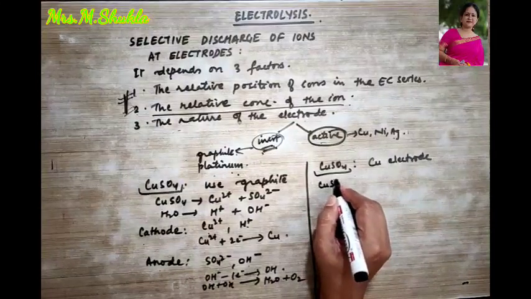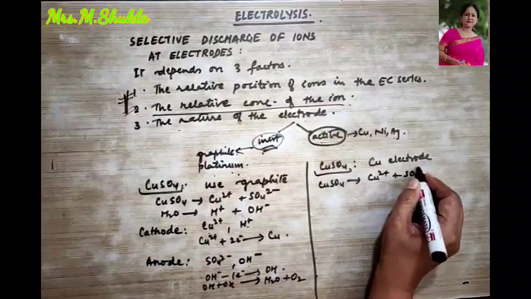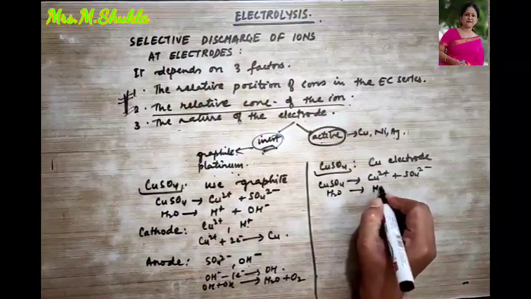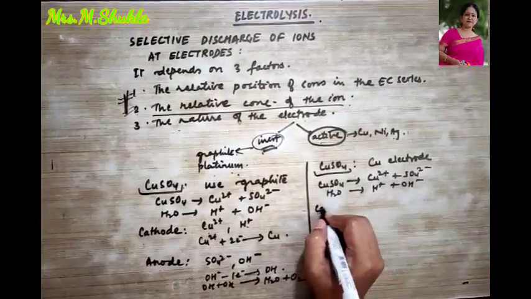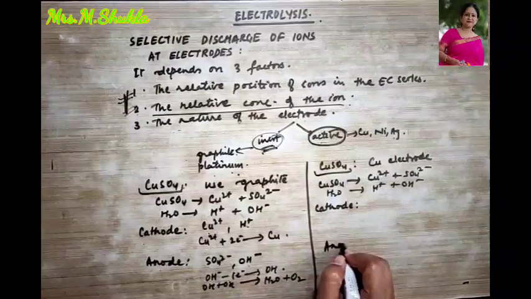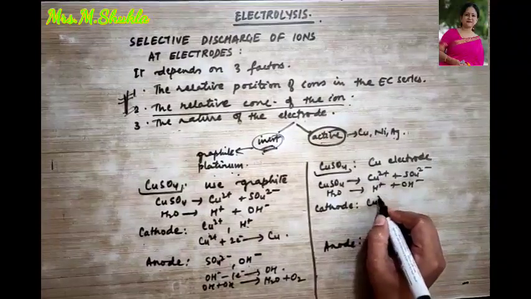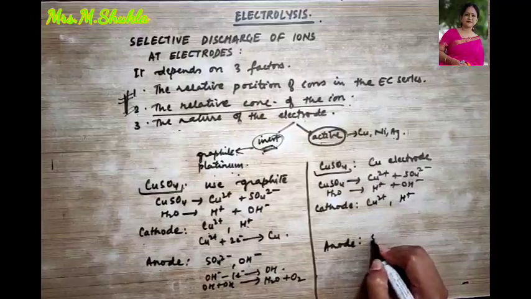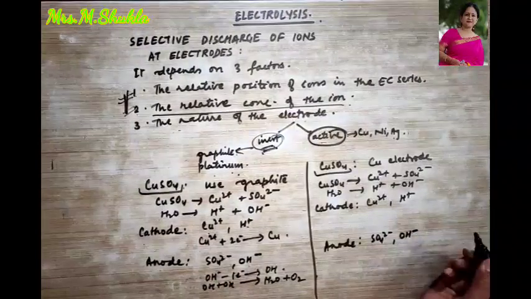Copper sulfate forms Cu2+ and SO4 2-, and water will also give H+ and OH-. Okay, so at the cathode let us see, at the anode let us see. So at the cathode, which two ions move? Cu2+ and H+, and at the anode SO4 2- and OH-.